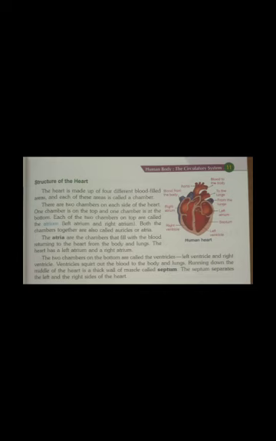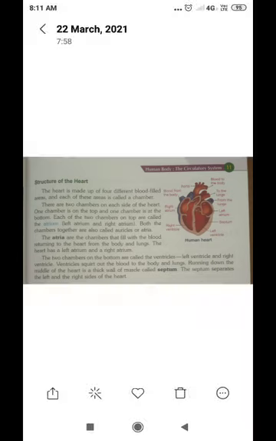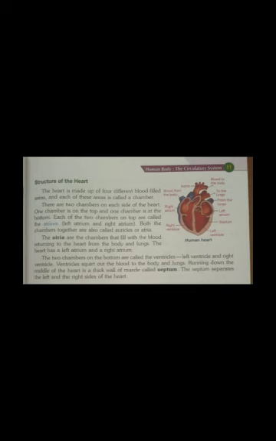One chamber is on the top and one chamber is at the bottom. Now the above 2 chambers, the chambers which are on top, are called atrium. With one on the left side and the other on the right side, they are called left atrium and right atrium.